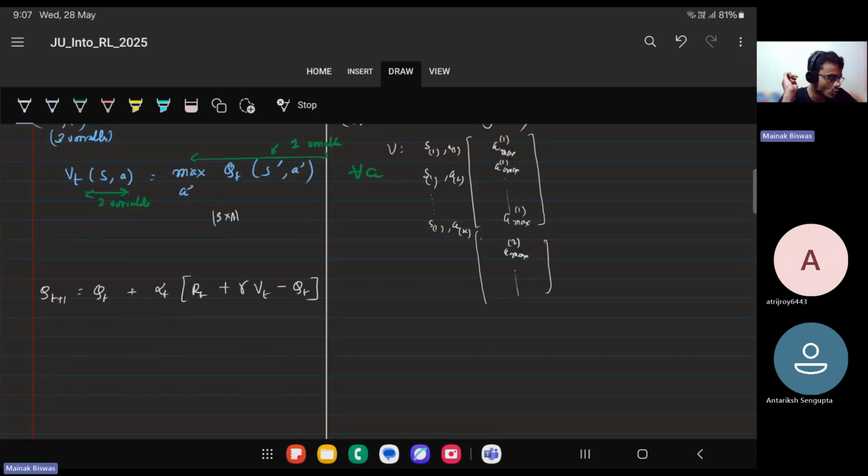So now to see if this converges, what do I have to do as the first step? Do you remember? Again, this is a stochastic differential equation, yes or no? Discretized version of it.